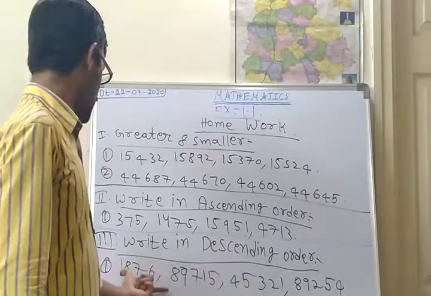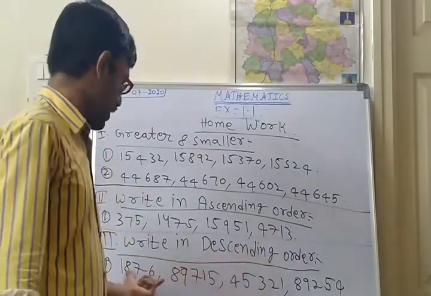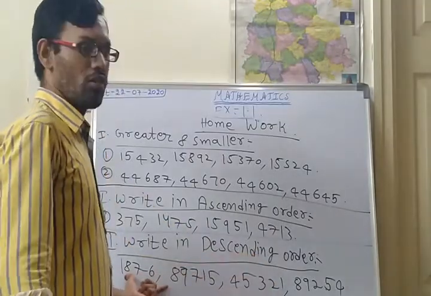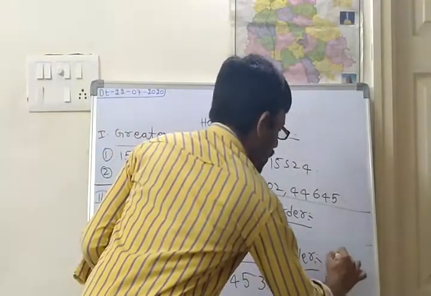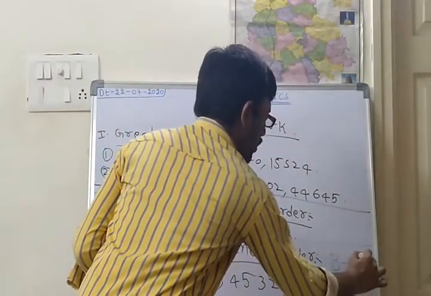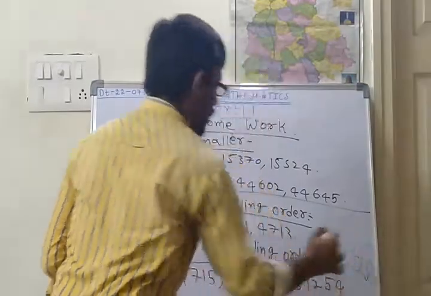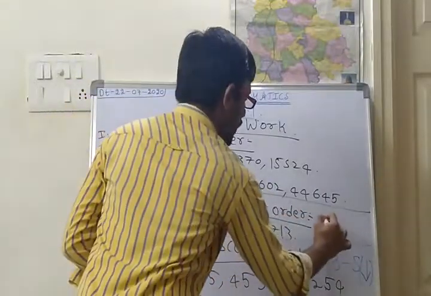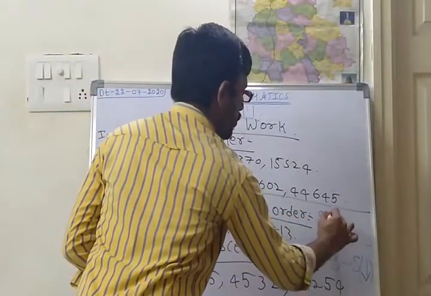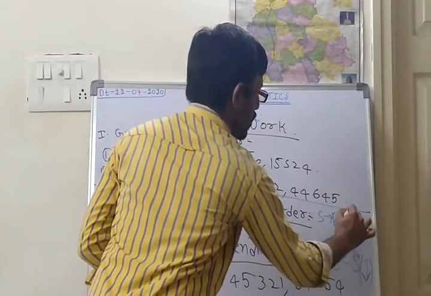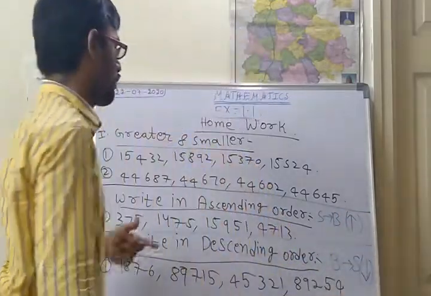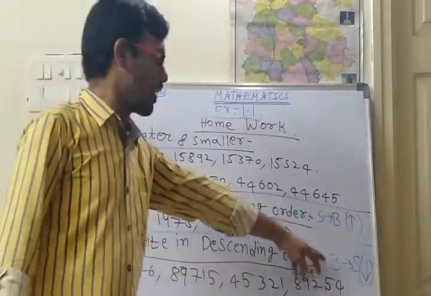Next, third bit: write in descending order. Descending order means big to small, so it should come down. Ascending order means small to big, so up. Like that you identify and write down.